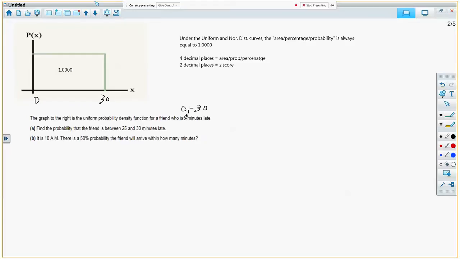Area is equal to what? Area of a rectangle is equal to what? Length times width, or base times height. We'll call it base times height since I asked you for the height.